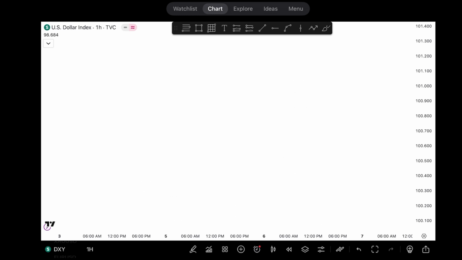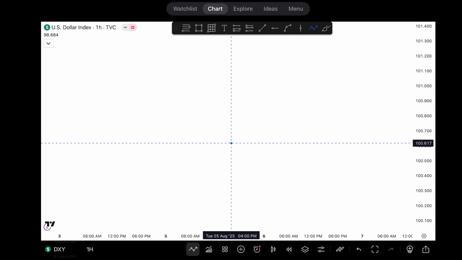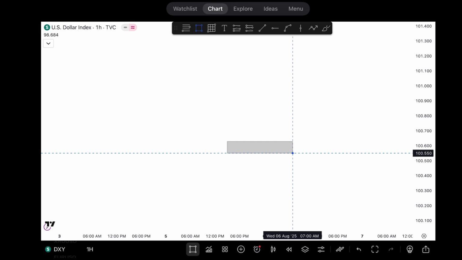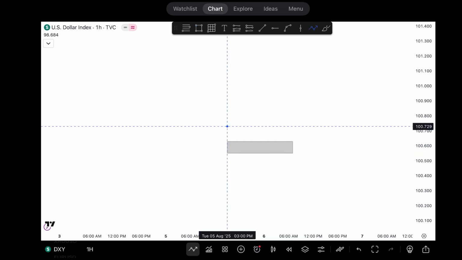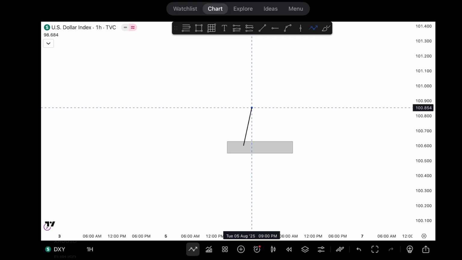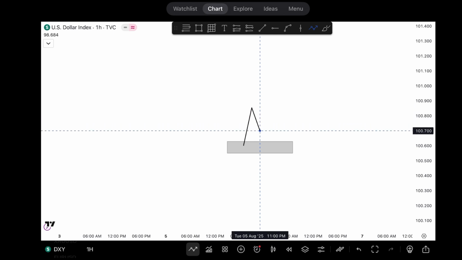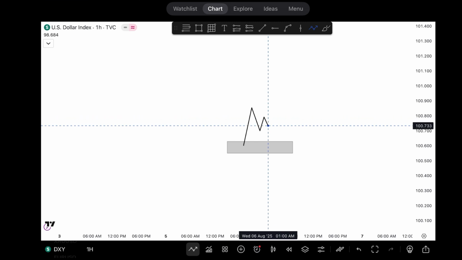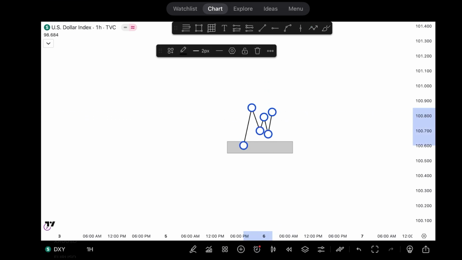Let me draw a quick schematic of what that might look like. So, for instance, price is trading off a demand zone, right? Good. So, once price reaches there, trading off it, price must sweep liquidity to the left before breaking structure.